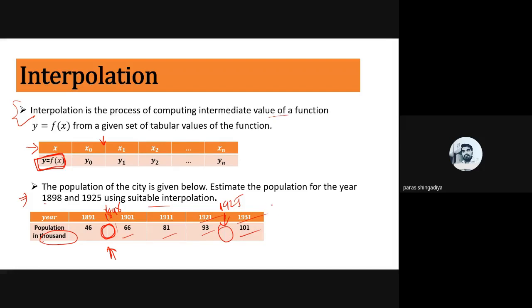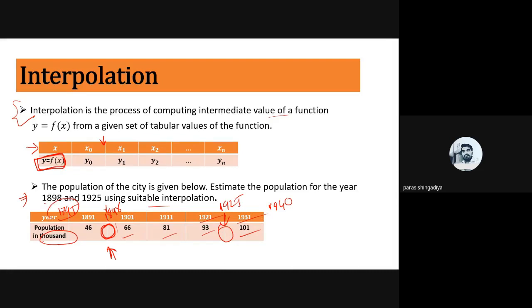You can consider outside the interval also. For example, I can predict the population in the year 1940 as per the given growth, and similarly we can predict the population in the year 1795.